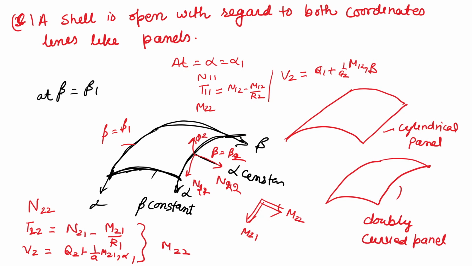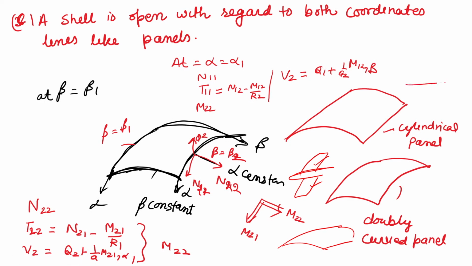Next, a shell is open. It is perfect to work with both coordinates like panels. Sometimes you find in the literature that a shell panel is solved instead of a closed shell. Most structural applications, like an aeroplane wing, will use a panel kind of approach, shell panels, or the roof of any structure.